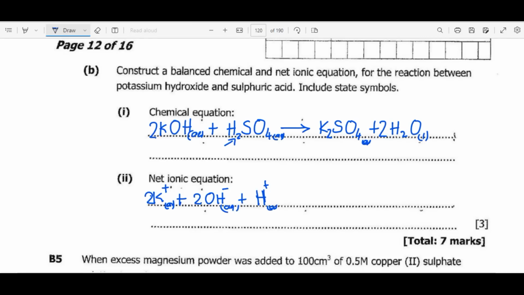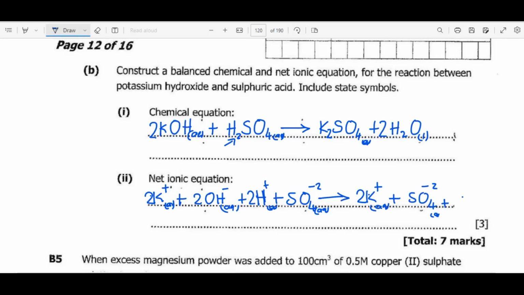Then these 2 here, you bring it in front, plus SO4, it's 2 minus aqueous. Then we are going to break potassium sulfate. We put a 2 plus. So after we've done this, this is our overall ionic equation.